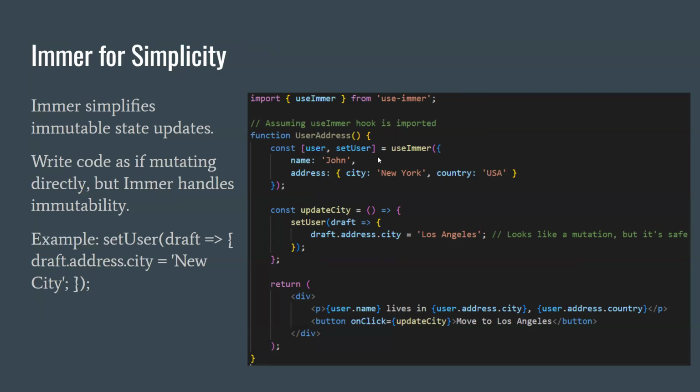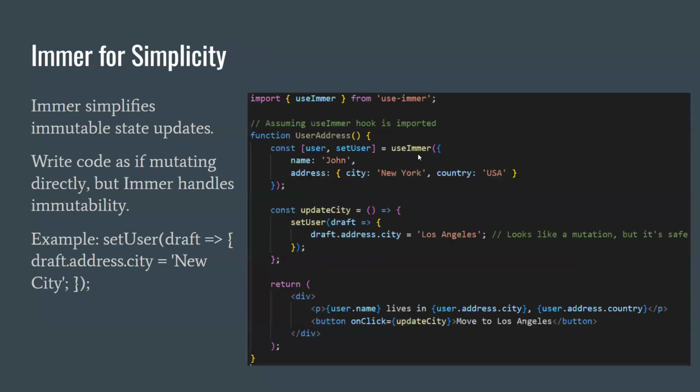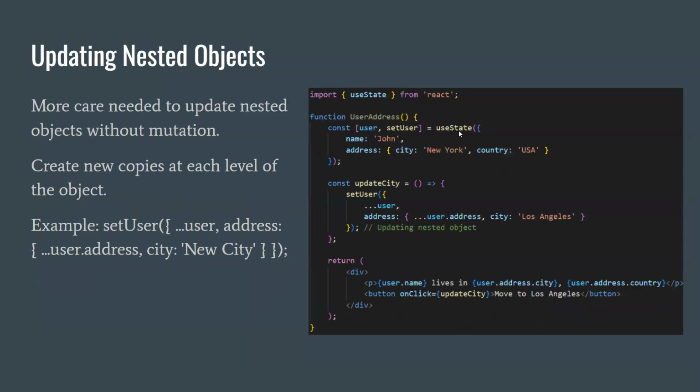So let's look at this user address component again. This time we can see that we're using the Immer library and we're importing useImmer. So when we are creating state, we are using Immer to create the same user object.